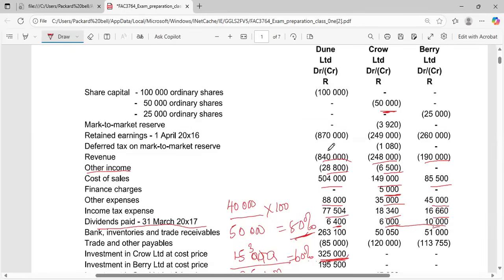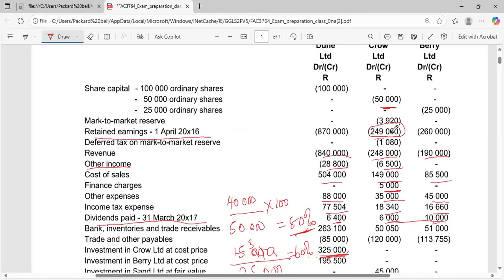So you come here and look at here. This is since acquisition to the beginning of the current year. So the current year starts on 1 April 2016. So you look at the retained earnings of Crow Limited since acquisition to the beginning of the current year, which is 249,000.